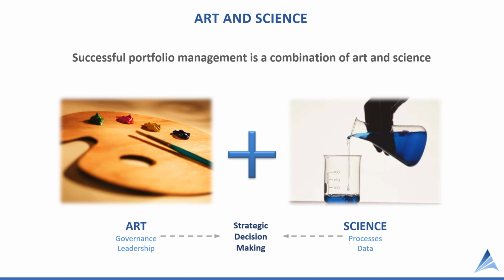And we want to combine these in such a way that we've got the right strategic decision making. So we don't want to err too far on one side or the other. We don't want to leave it all up to the people without any of the science. If it's too science driven, we're going to lose the leadership governance capabilities. So it's really a combination of the two.